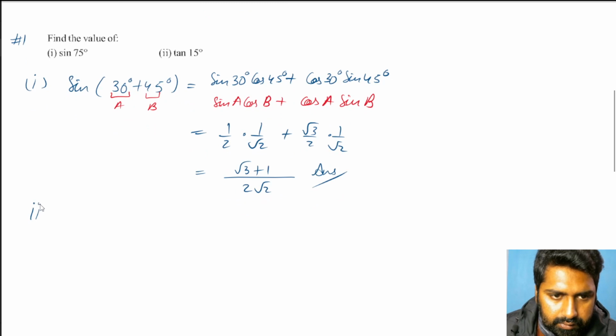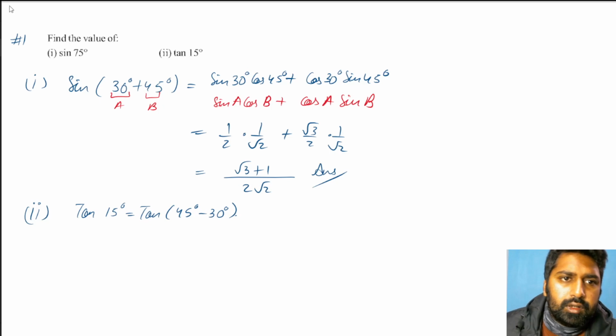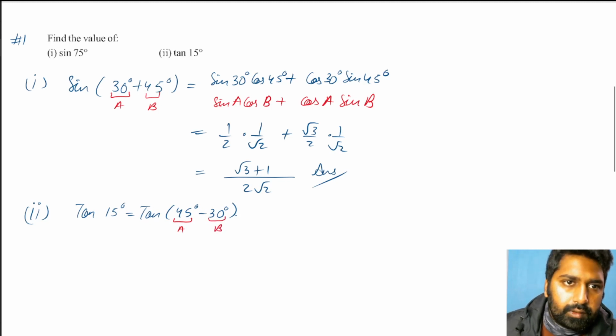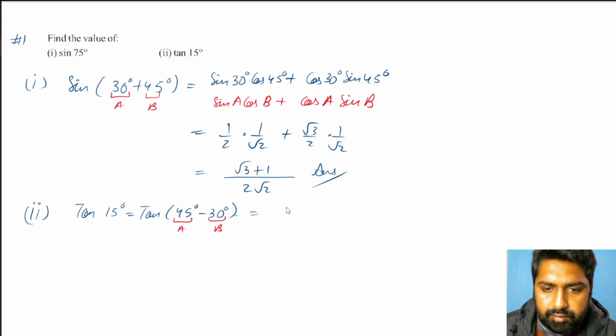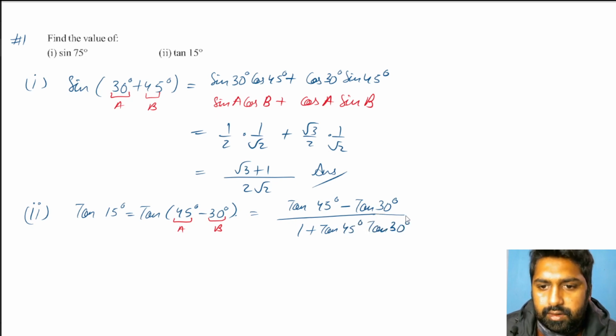Second part, tan 15. Now 15 can be written as 45 minus 30. Basically we have to write in terms of the standard angles that we know. This is your A, that's your B. So the formula is tan A, so tan 45 minus tan B, that's tan 30 upon 1 plus tan A tan B, B is 30.